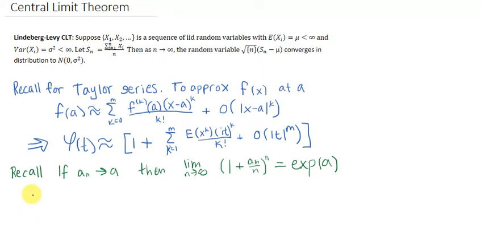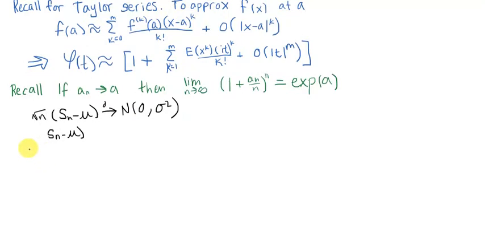So we're essentially trying to show that Sn minus mu times the square root n converges in distribution to normal 0, sigma squared. This is the equivalent of saying Sn minus mu over sigma divided by square root n.